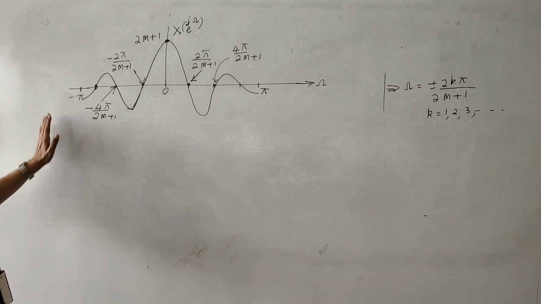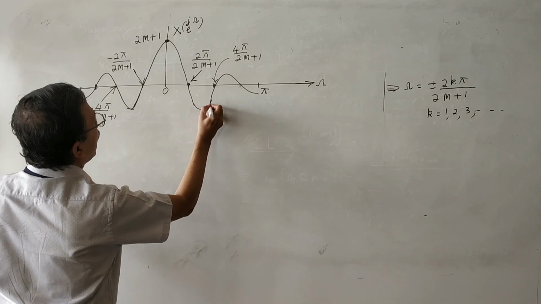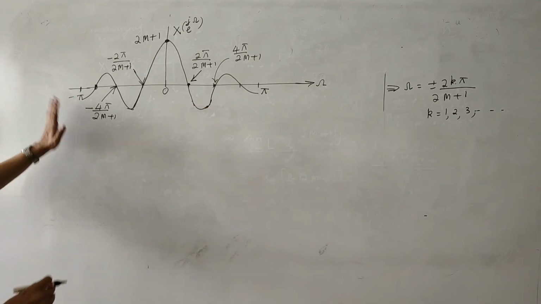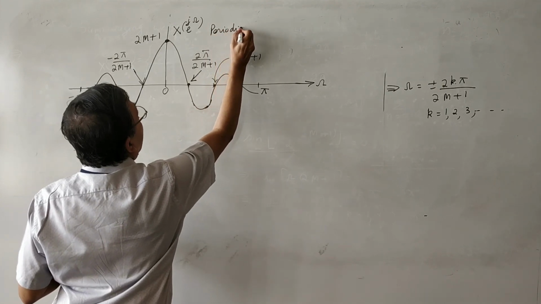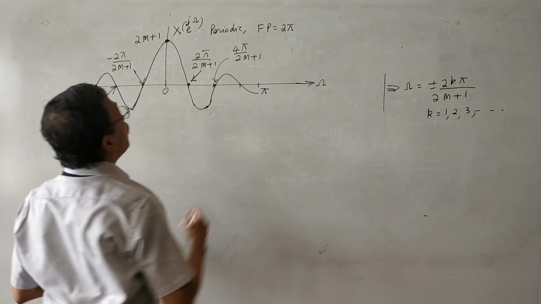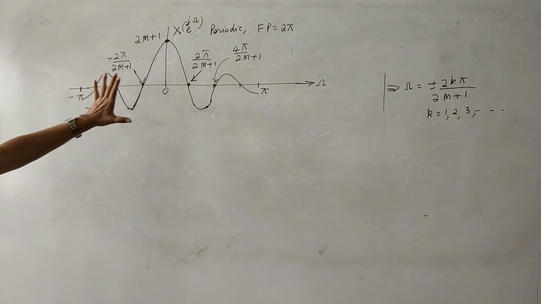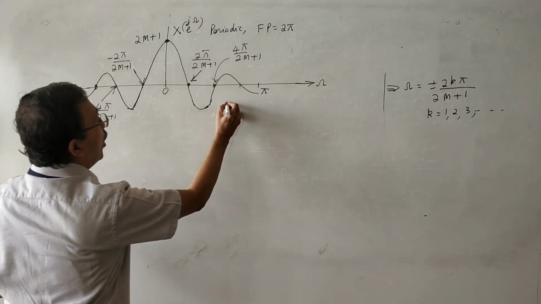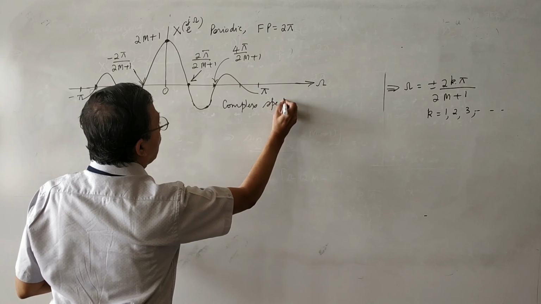This figure is periodic, and the fundamental period equals 2 pi. This is how x of e power j omega with respect to omega is plotted. This is called the complex spectrum.